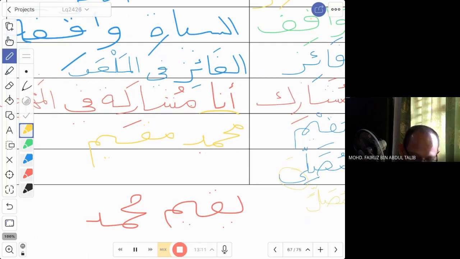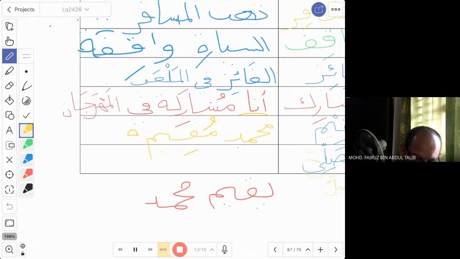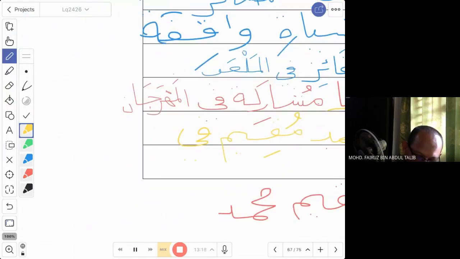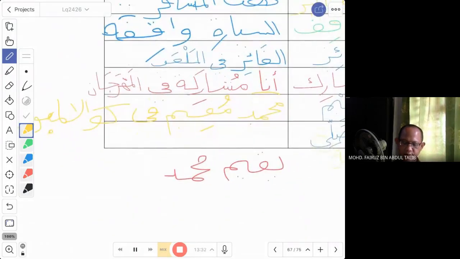So in this case, yes, the jumlah should be Muhammad muqimun fi Kuala Lumpur. Naam. So in this jumlah, the word muqim means similar to the meaning of its verb. Stays in Kuala Lumpur. He stays in Kuala Lumpur. Okay, yes, that is the meaning, the jumlah.